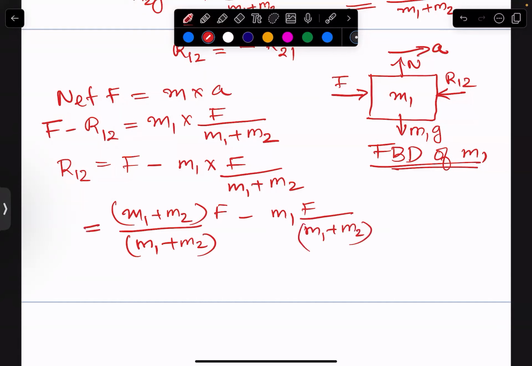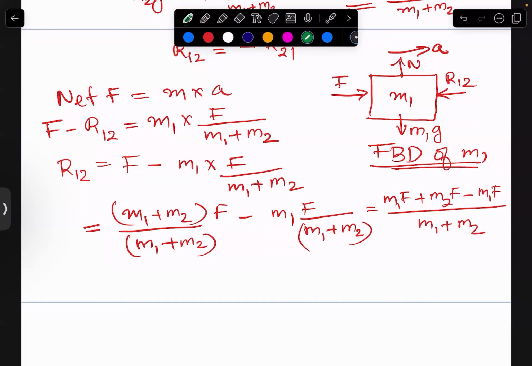This can be expanded as M1F plus M2F minus M1F, by M1 plus M2, right? So the M1F and M1F get cancelled.